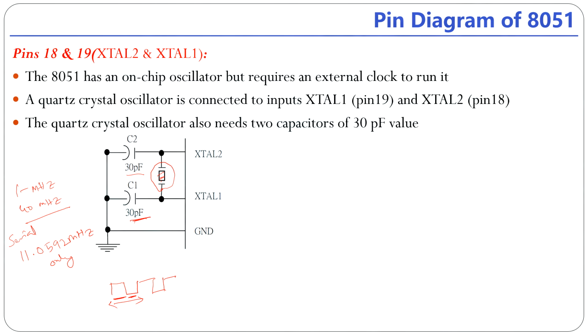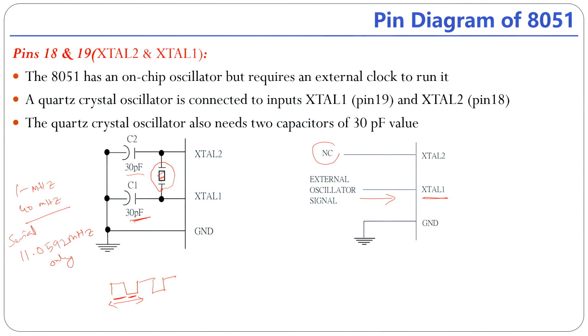This is when we are using a crystal as the oscillator. In some applications you may use some other oscillator. Whenever a crystal oscillator is not possible, we go with an external oscillator. When using an external oscillator, you can directly connect its output to XTAL1 only. In this case, XTAL2 is not used.